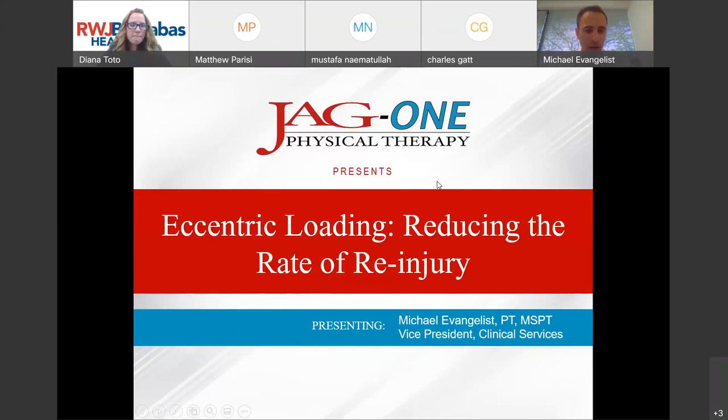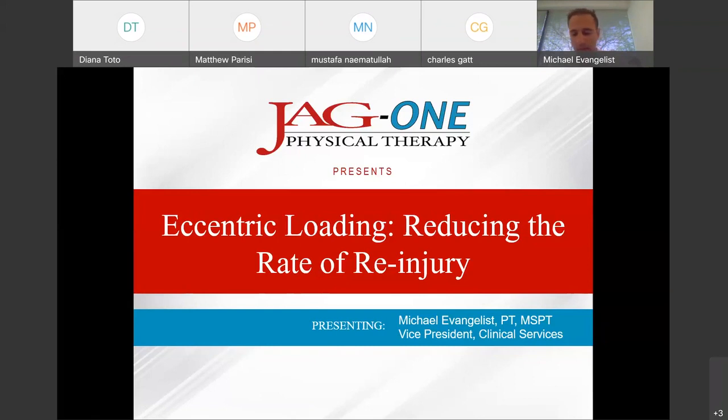Okay, so eccentric loading, reducing rate of re-injury. When I think about eccentric, I think back to when I was a young clinician, right out of school, and I started to treat athletes. To be completely honest, I did not really focus too much on eccentric coming right out of school.